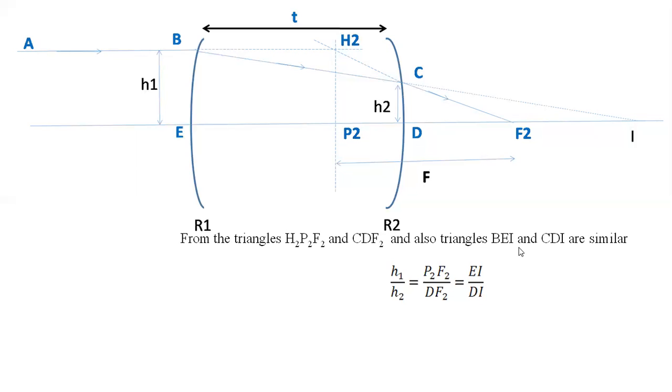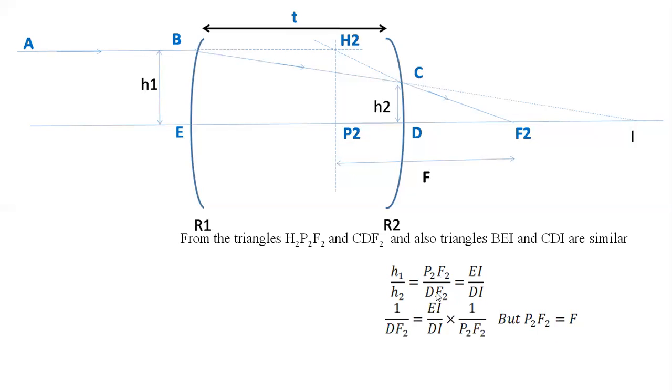In the triangles BEI and CDI, the ratio BE/CD is H1/H2. Again, H1/H2 is equal to EI/DI. So this is the equation from these two similar triangles: H1/H2 is equal to EI/DI.